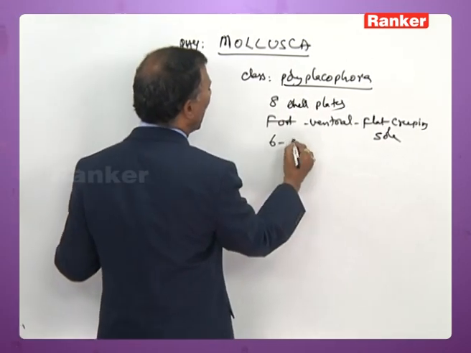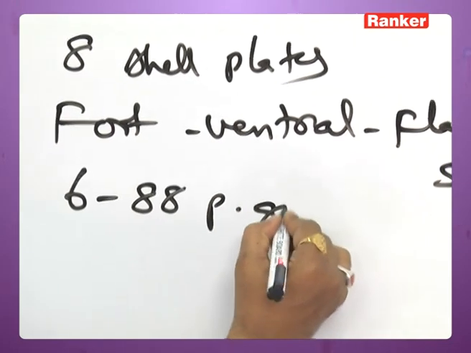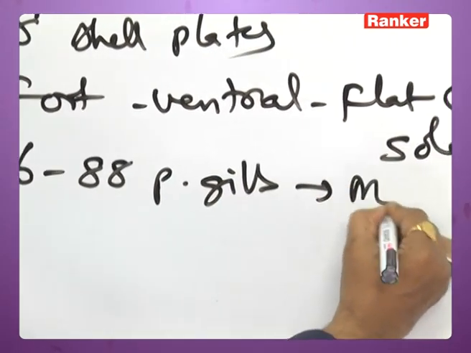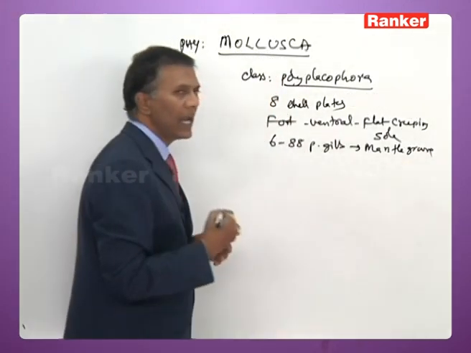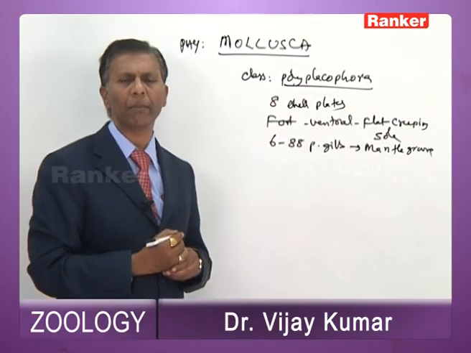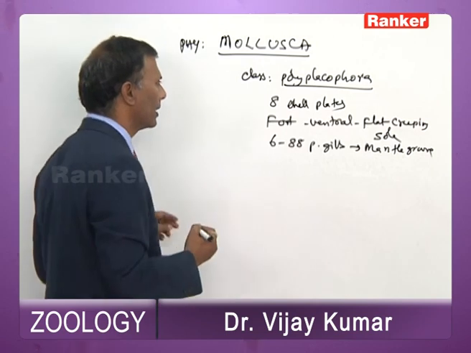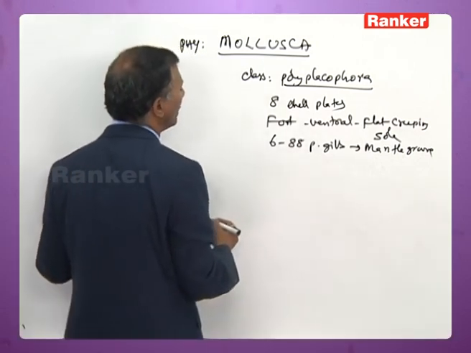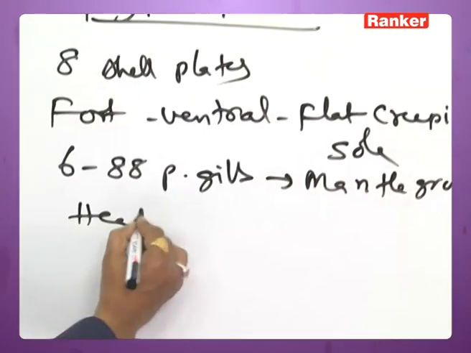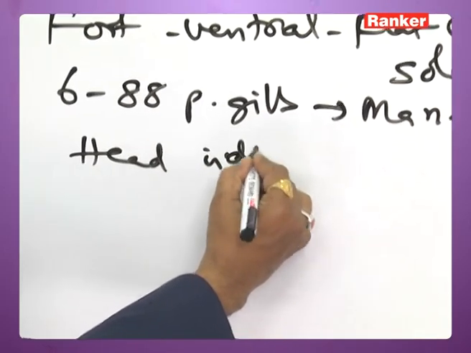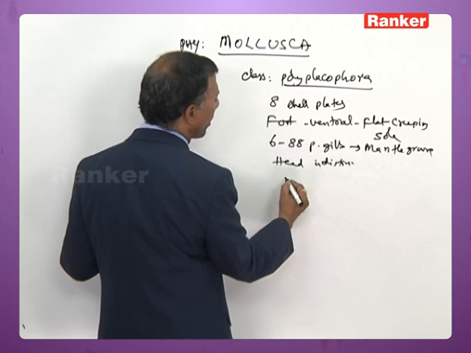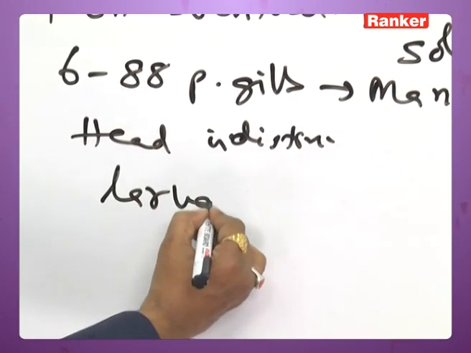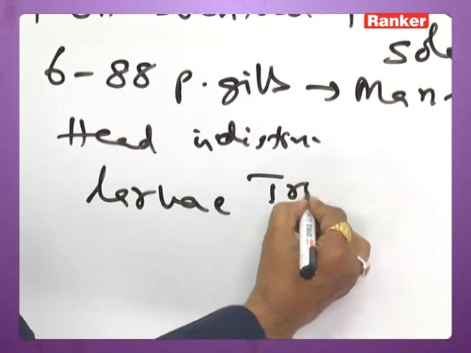6 to 88 pairs of gills are embedded in the mantle groove. Now in Polyplacophora, head is indistinct. Some of them have a larva called trochophore.